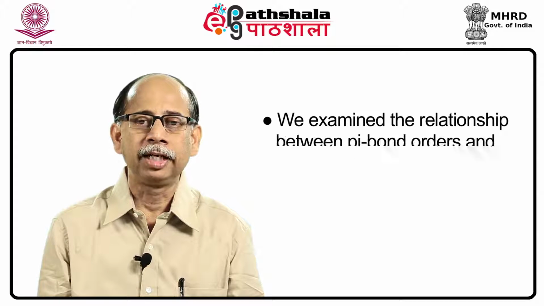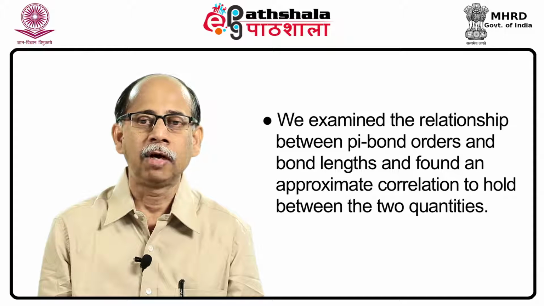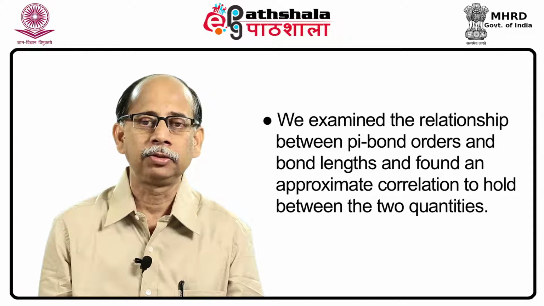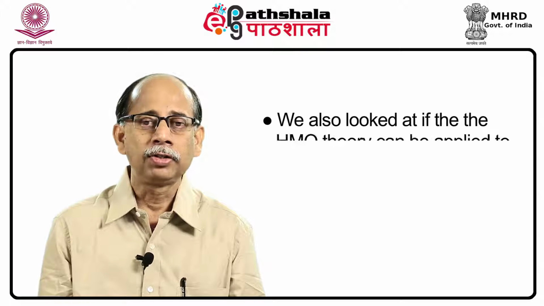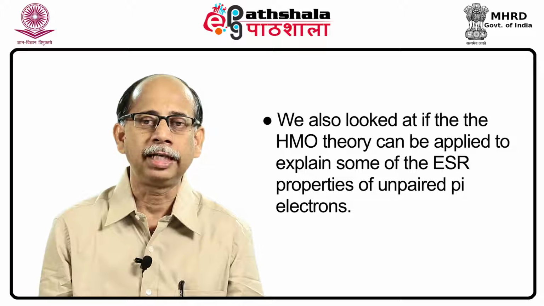We examined the relationship between pi bond orders and bond lengths and found an approximate correlation to hold between the two quantities. We also looked at if the Hückel molecular orbital theory can be applied to explain some of the electron spin resonance properties of unpaired pi electrons.